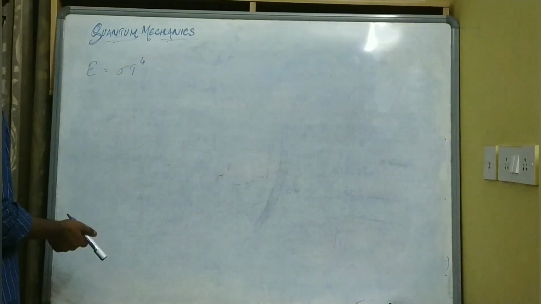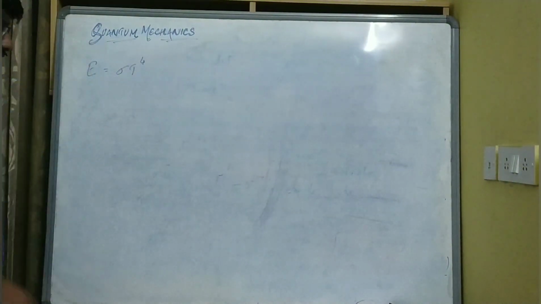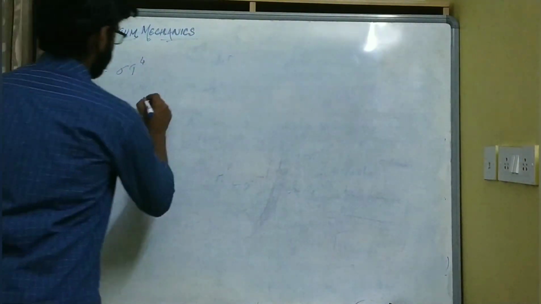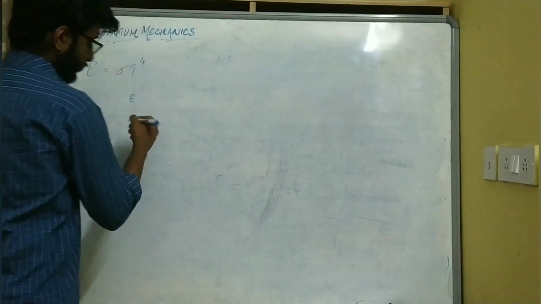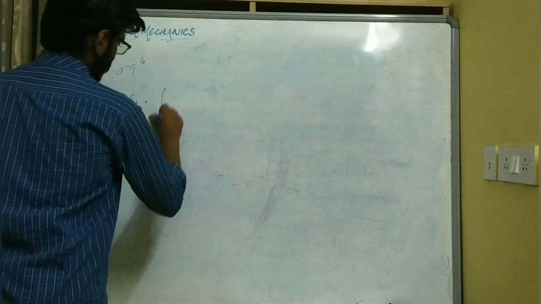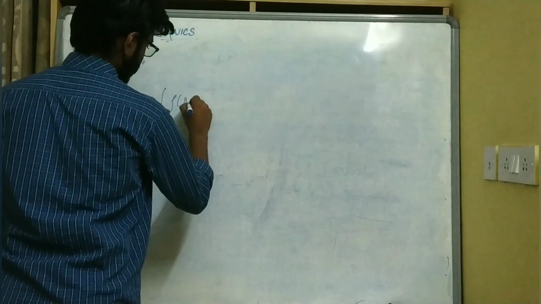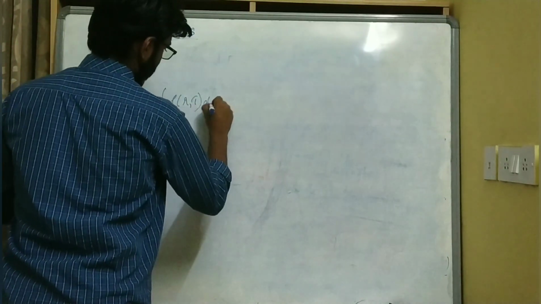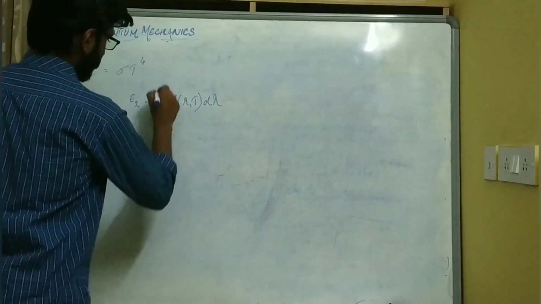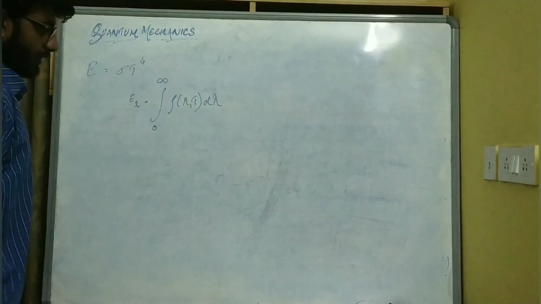So how do we obtain this? This is actually the total energy, not the total energy density. It is written as E lambda, the integration of rho d lambda, and this integration goes from 0 to infinity as wavelength goes from 0 to infinity.